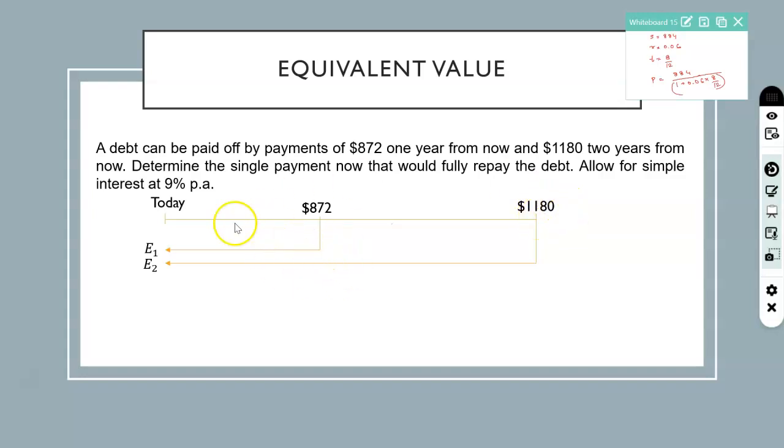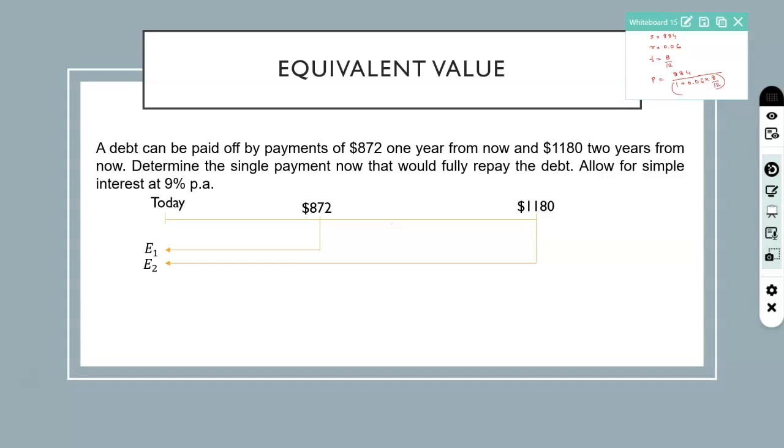So here we will find the present value, to calculate the amount of 872 1 year back and $1,180 2 years back. We need to find the present value of 872 and the present value of 1,180.